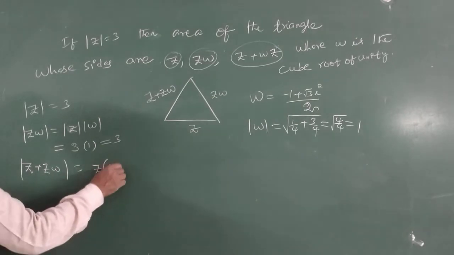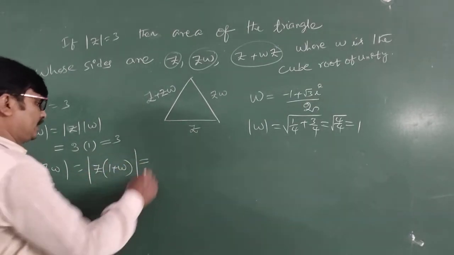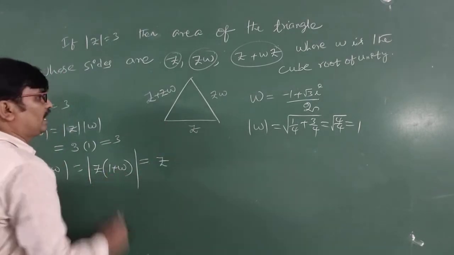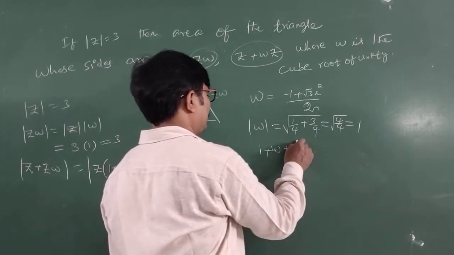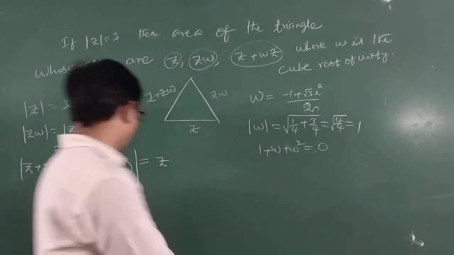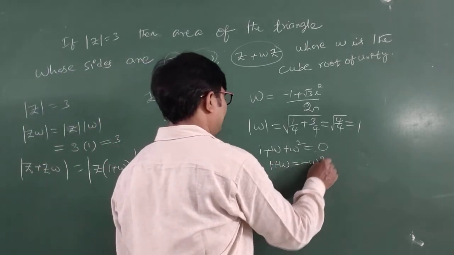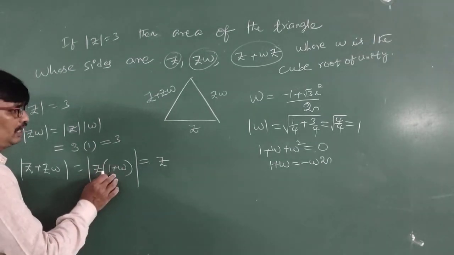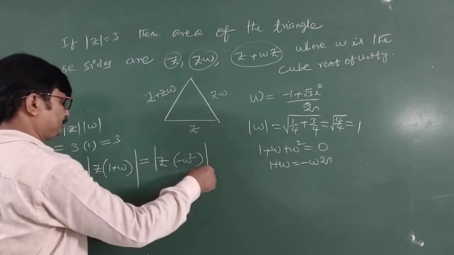Z is common: Z times (1 plus omega). We know that 1 plus omega plus omega square equals 0, so 1 plus omega is minus omega square.